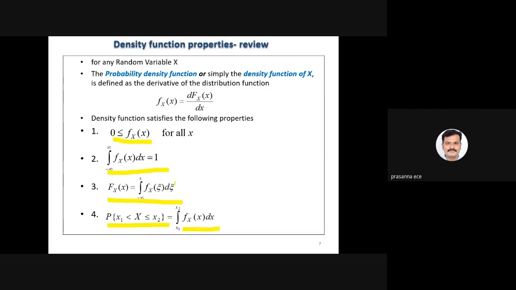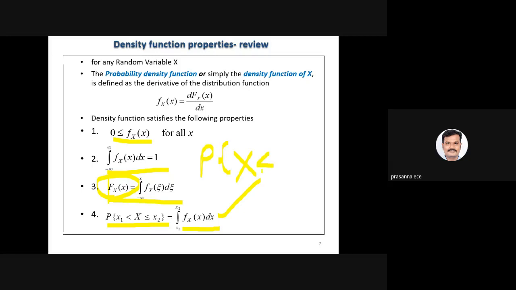So when we are calculating probability, we definitely need an integral of the density function. And the distribution function, capital Fx of x, is itself a probability, right? It represents the probability that the random variable x is less than or equal to some particular value x.